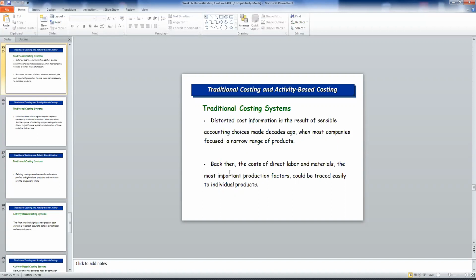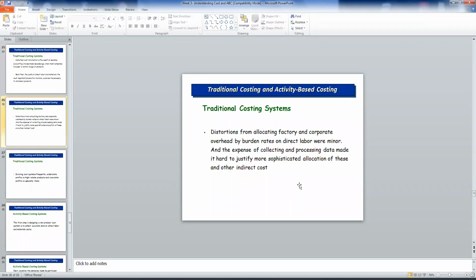So historically, the costs of direct material and labor were the most important, and these could and continue to be easily traced to individual products or services. But life has changed, and as indirect cost has played a bigger role, we have to recognize that the traditional costing system just doesn't work, right? So the factory and corporate or indirect cost continues to rise because of technology and automation.